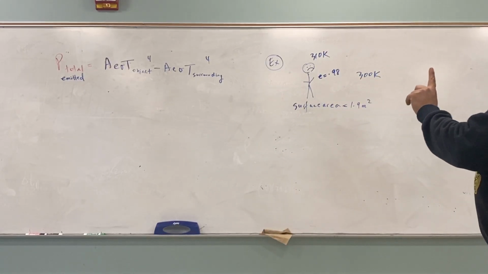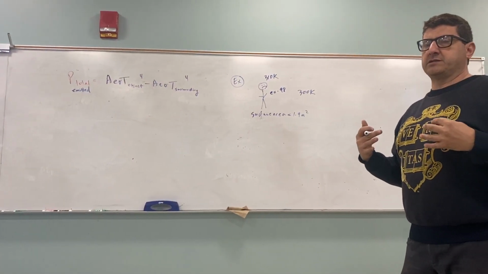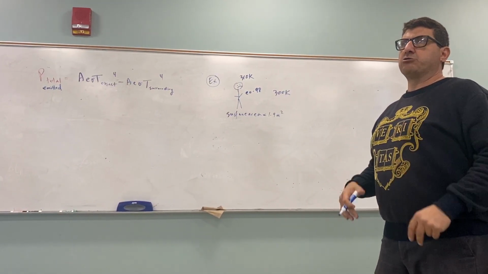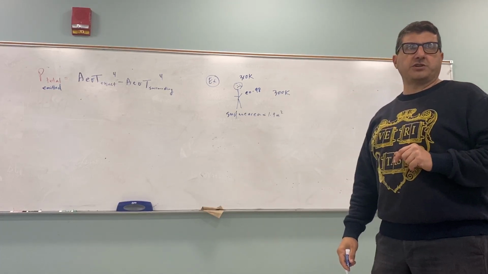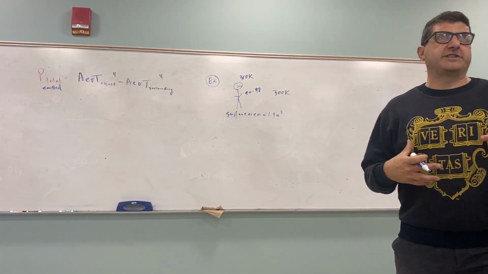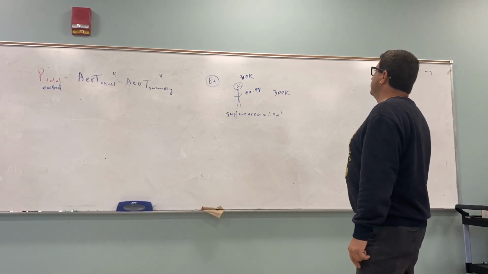So if you couldn't control your temperature, and you were radiating and absorbing from the atmosphere, how long would it take you to reach the same temperature as your surrounding? That means our body temperature would cool down to 300 eventually, right? Well, it never will reach 300.